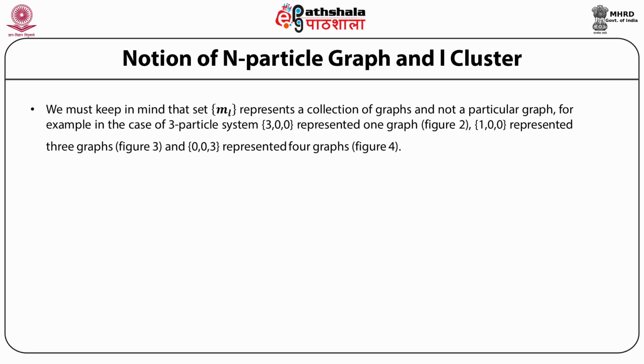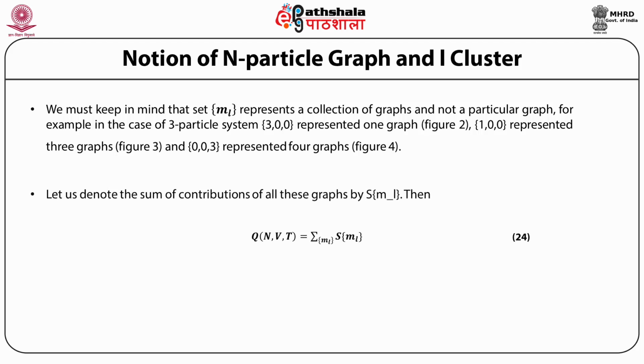We must keep in mind that the set ML represents a collection of graphs and not a particular graph. For example, in the case of 3-particle systems, the set 3, 0, 0 represented 1 graph, figure 2, 1, 1, 0 represented 3 graphs, figure 3, and 0, 0, 1 represented 4 graphs, figure 4.